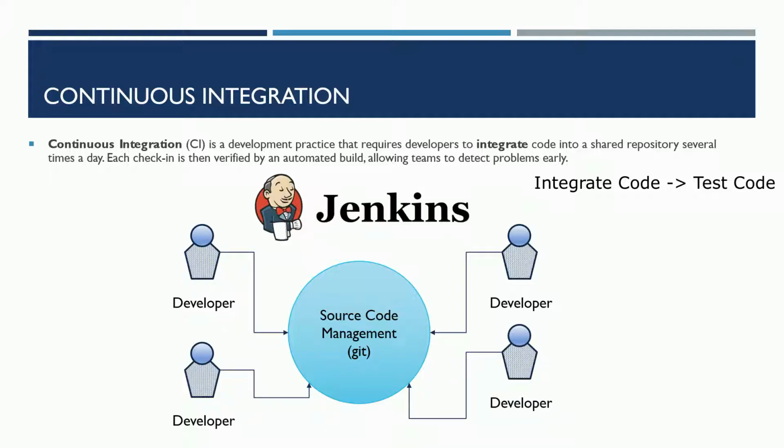To do the part of this integration of taking source code from various developers and combining them into one single integrated code stream is something that Jenkins can help in. Jenkins is a software that is very popular for continuous integration.